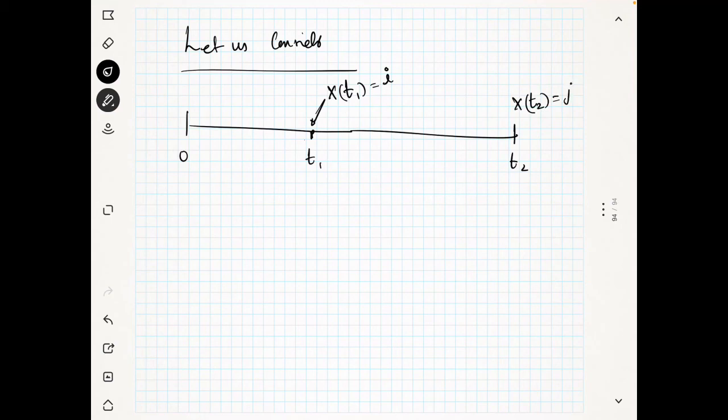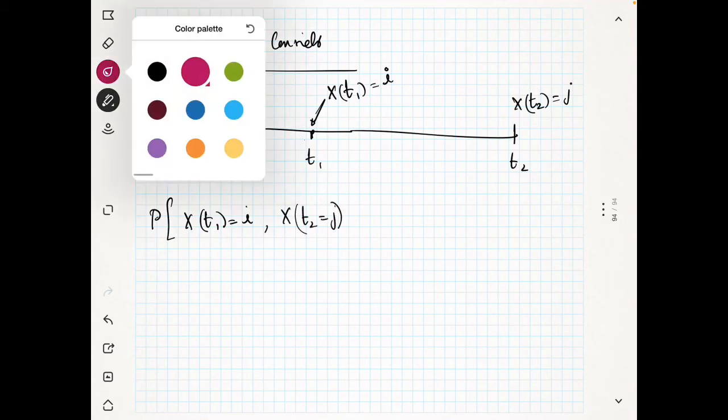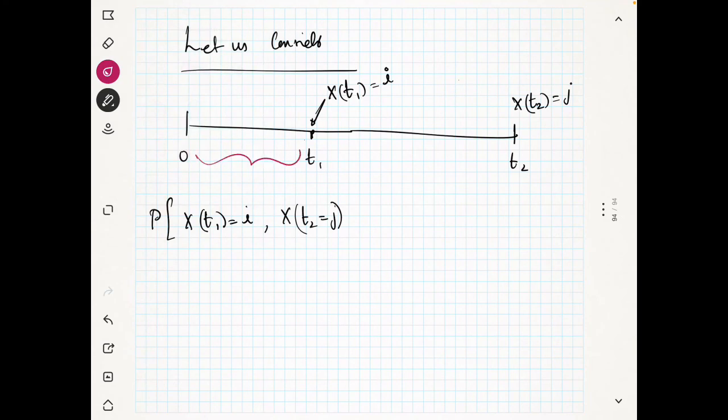So the question is the probability that x of t1 is equal to i and x of t2 is equal to j. One of the important points you have to note is that these two intervals, this is interval 1 and this is interval 2, are independent because one is not depending on the other.